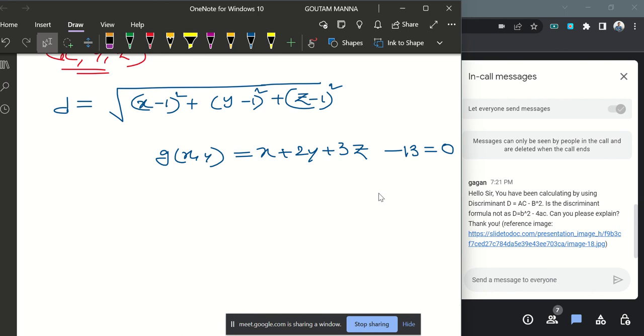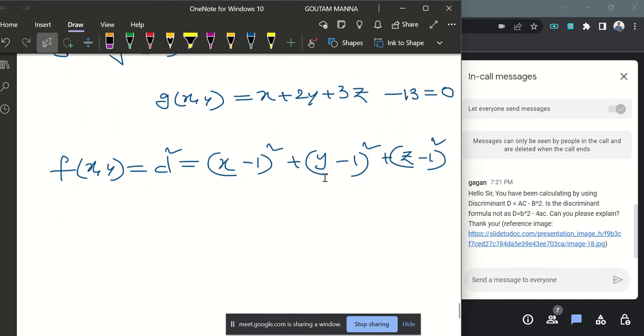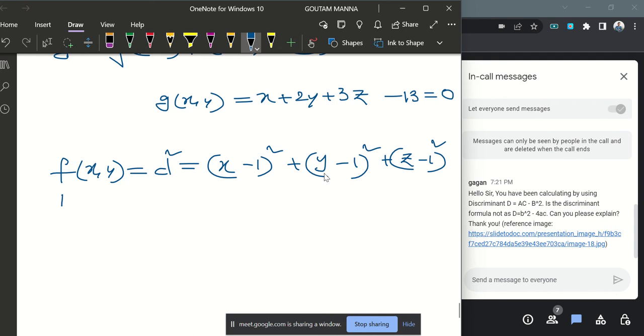So we can define a function f of x y z that we will minimize, defined as d square, because we don't want to deal with this root. So f equals (x minus 1) square plus (y minus 1) square plus (z minus 1) whole square. Now the problem is you need to minimize this f, which is d square, with the constraint g.